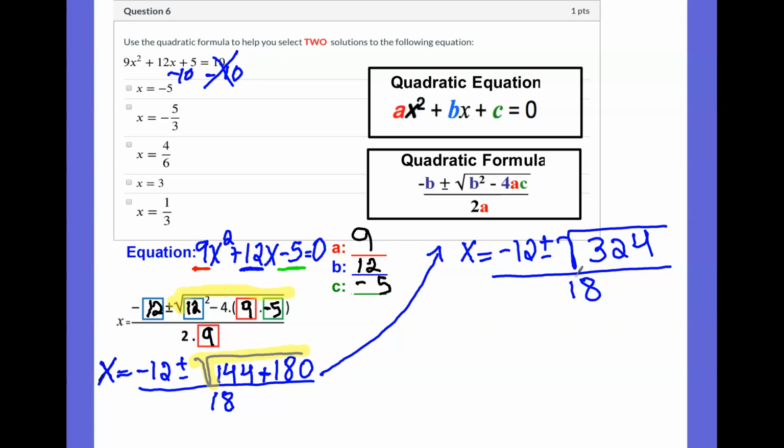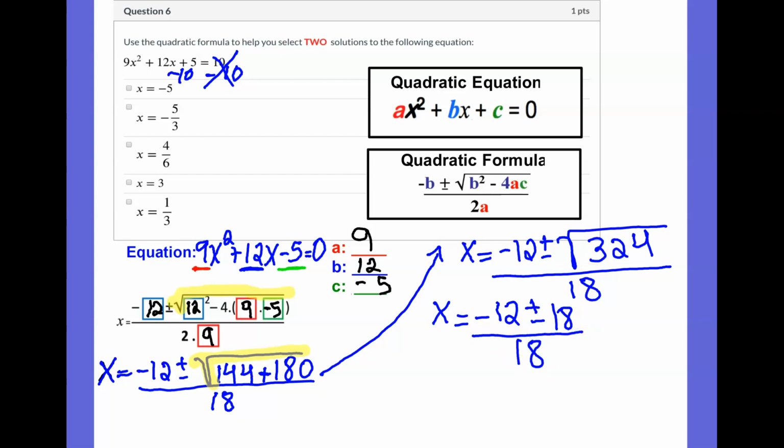So now I need to figure out if 324 has a square root, if it's a perfect square. I put it on my calculator and I know that the square root of 324 is 18. So now I am going to write the whole equation again, and now I'm going to divide by the number 18 on the bottom.